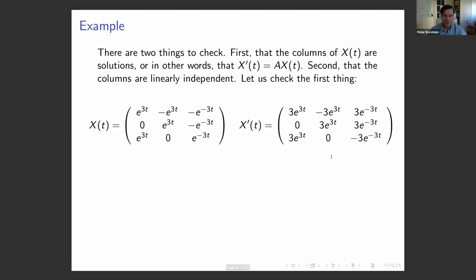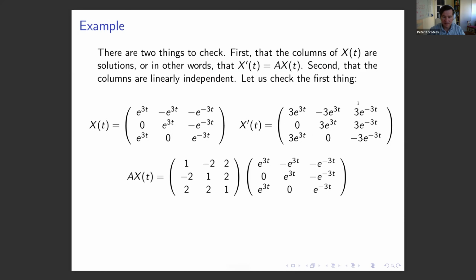So let's take the derivative of each component of the matrix. We'll get these coefficients, and the number 3 will pop out in front.